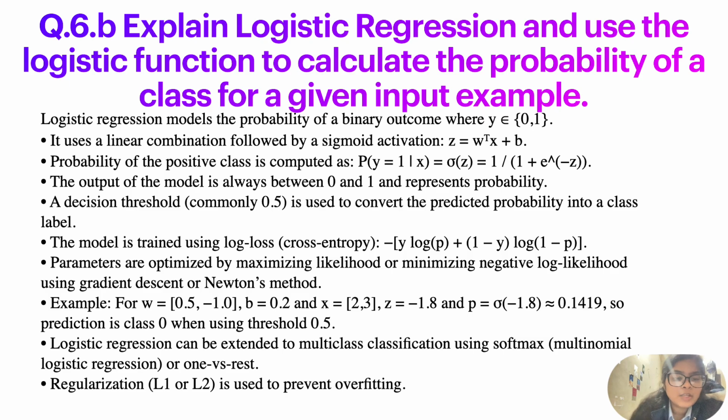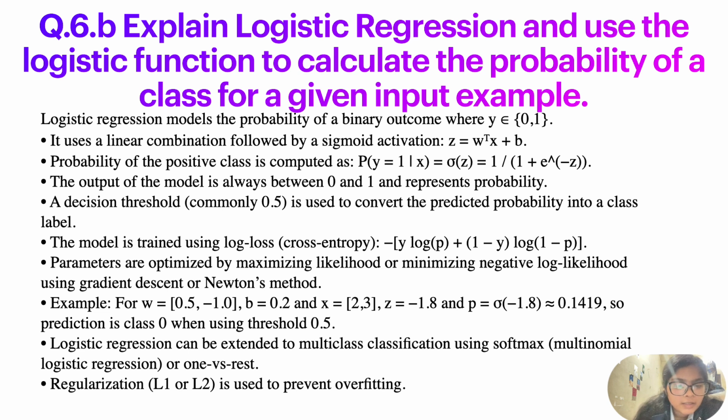The model is trained using log loss, also known as cross entropy, which we calculate this way: we first put a minus sign, then the product of y and log p, plus (1 − y) times log(1 − p). Parameters are optimized by maximum likelihood, or by minimizing negative log likelihood, using gradient descent or Newton's method.